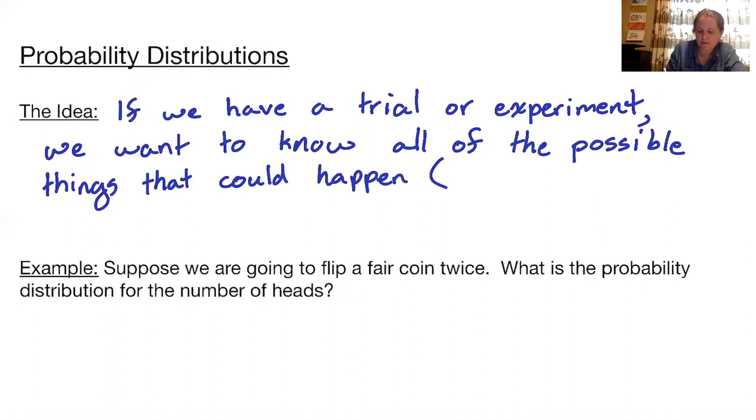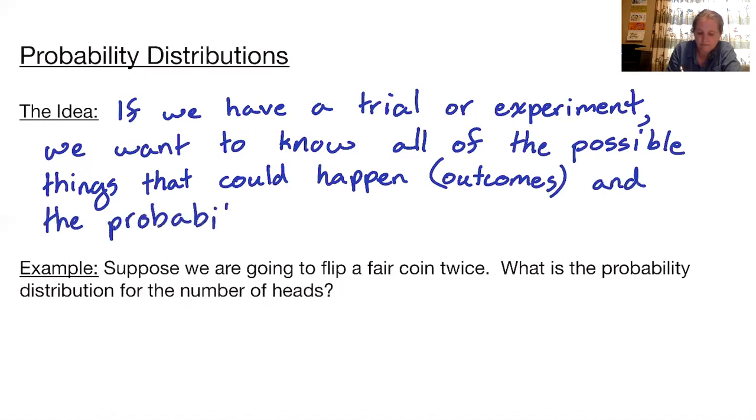These are referred to as outcomes. And the probabilities that would go with each outcome, the probability of each outcome occurring.